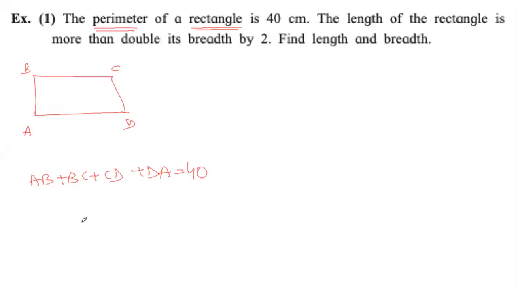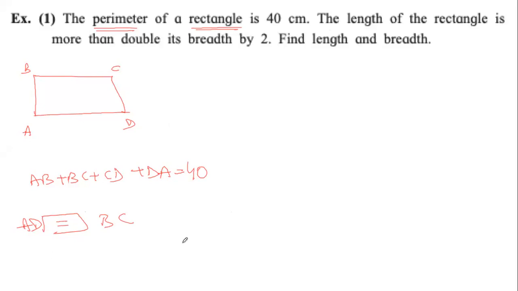Now, question for you. What can we say about AD and BC? What sign can I put there? Fill in the blanks. You can come out of mute or you can type. Thank you, Khadija. The correct answer is equal to. Because we know rectangle is a quadrilateral, which is a parallelogram. Also, all its angles are of 90 degrees.